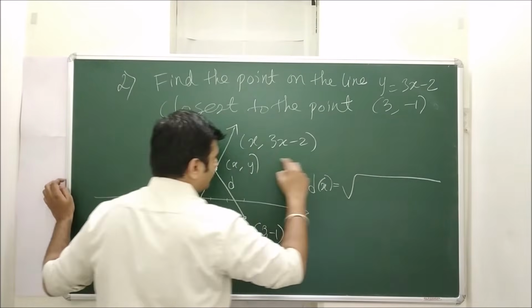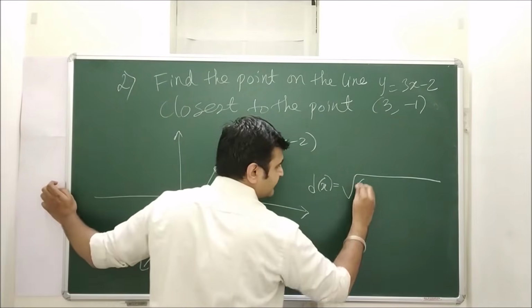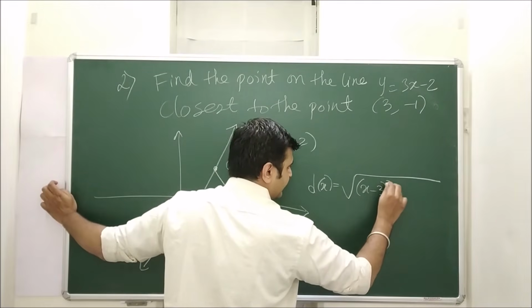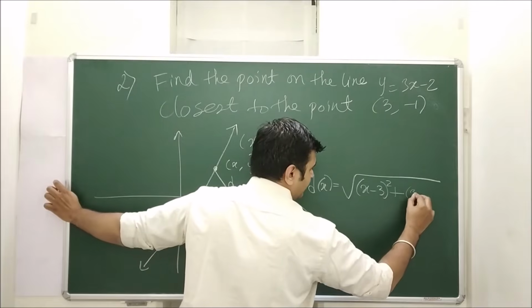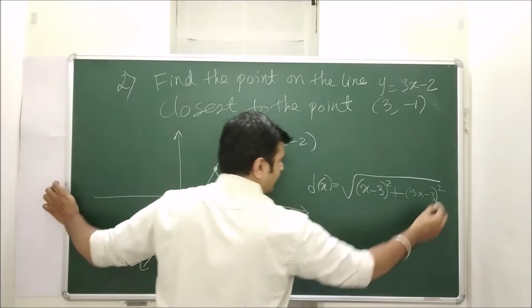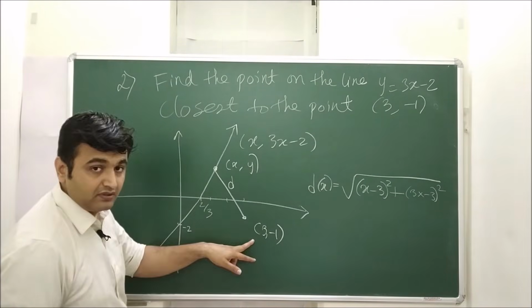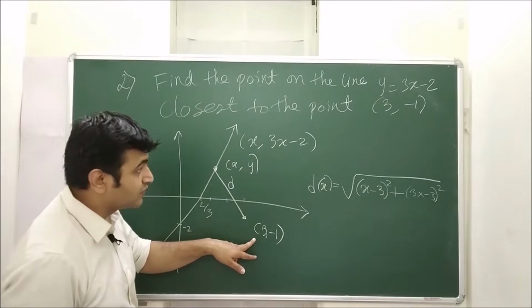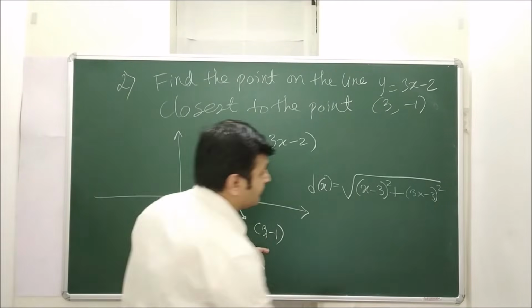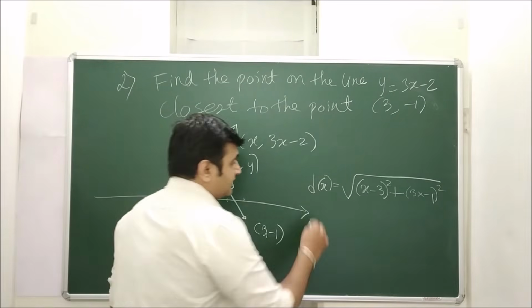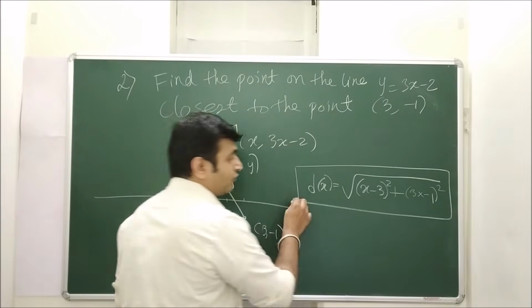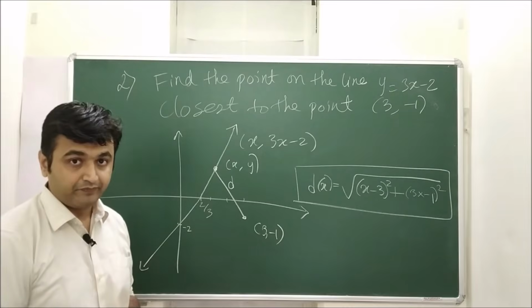It is the square root of, by Euclidean distance formula, (x minus 3) the whole square plus (3x minus 3) the whole square. This is y2 minus y1 the whole square plus x2 minus x1 the whole square. So this is my function, and I want to minimize this function.